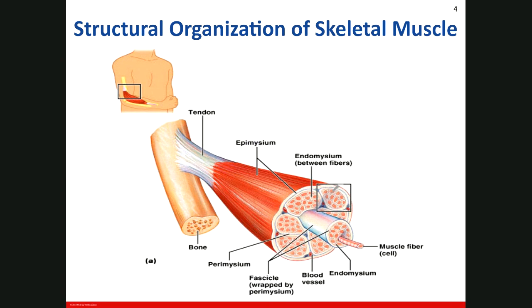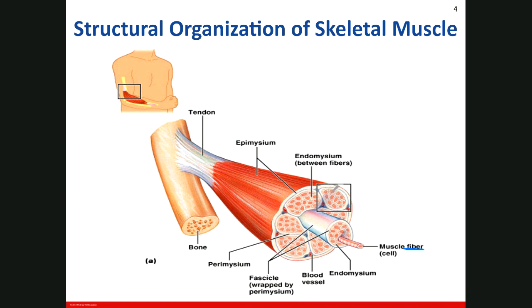And a group of nerve fascicles are covered by epineurium. We have the same structure, the same connective tissue, for our skeletal muscle fibers too. Each muscle cell is called a muscle fiber because it's long and thin.